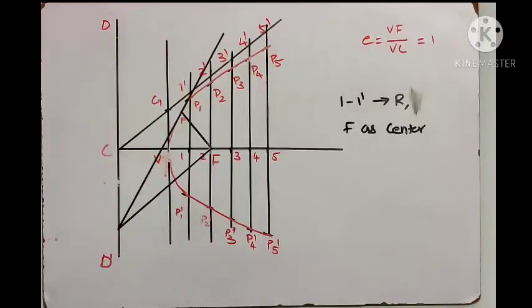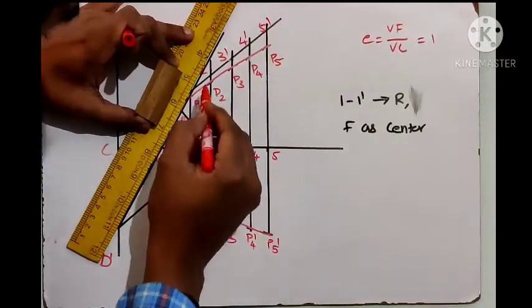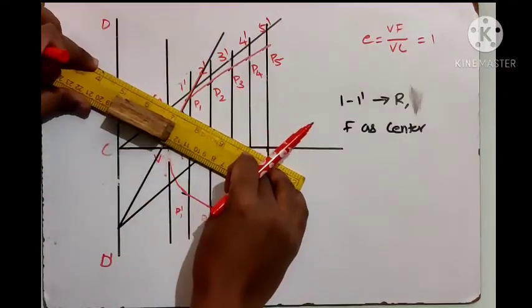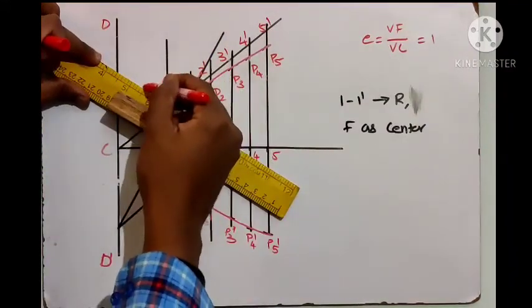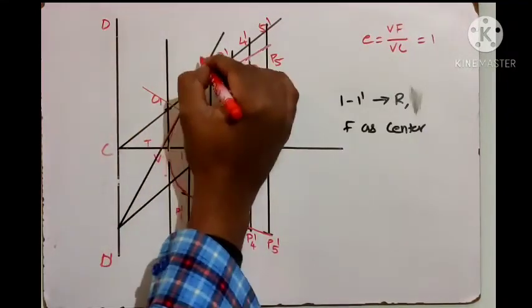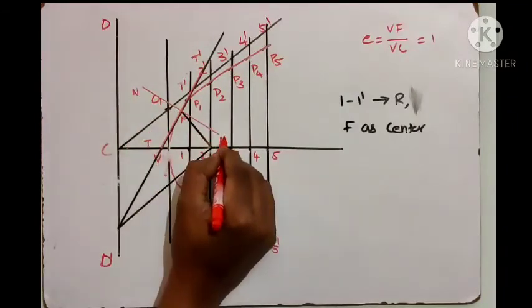This is your tangent. The perpendicular to this particular line is nothing but your normal. Then use an HB pencil to highlight that. So this is your T, T dash, N and N dash.